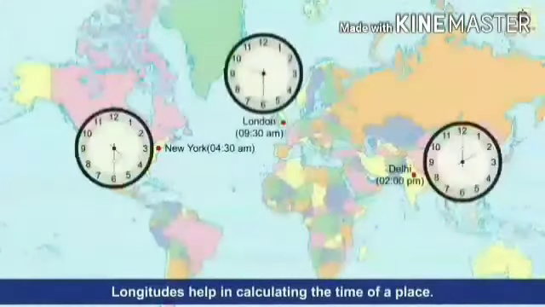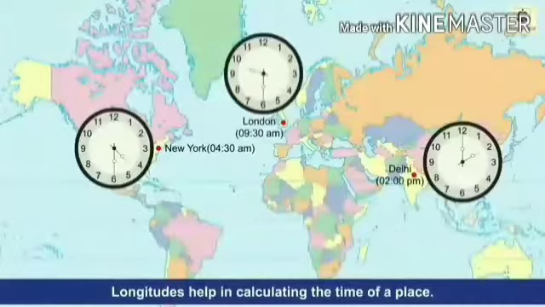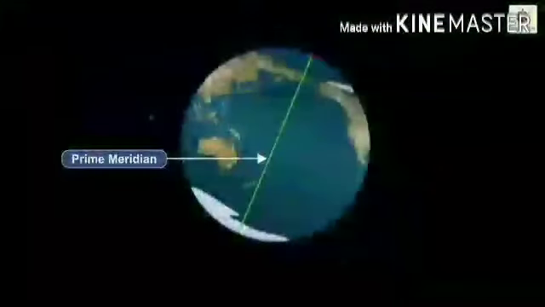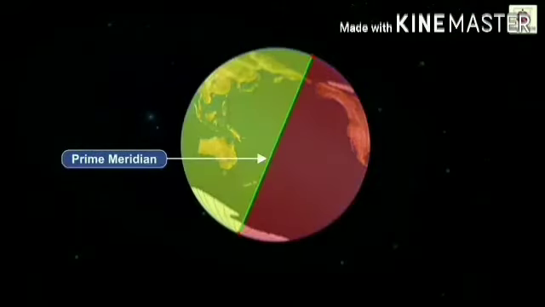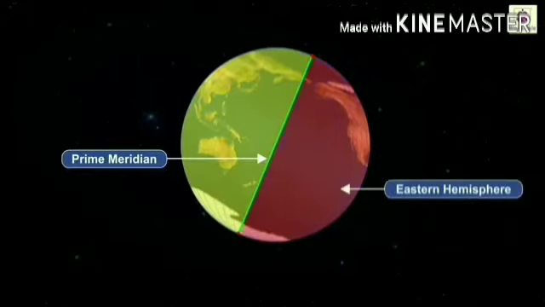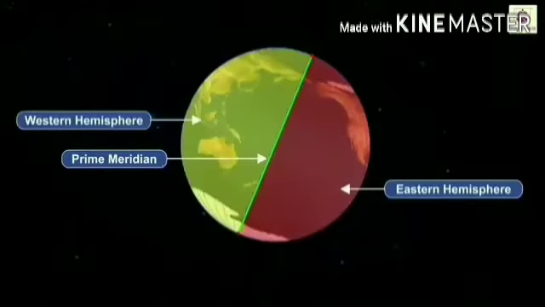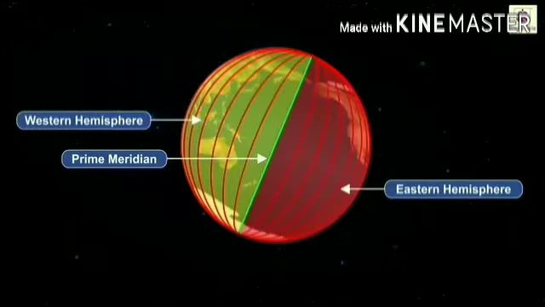Longitudes help in calculating the time of a place. The prime meridian divides the earth into two equal halves, hemispheres: the eastern hemisphere and the western hemisphere. All the other longitudes are measured east and west of the prime meridian.